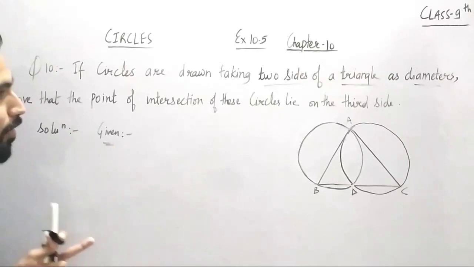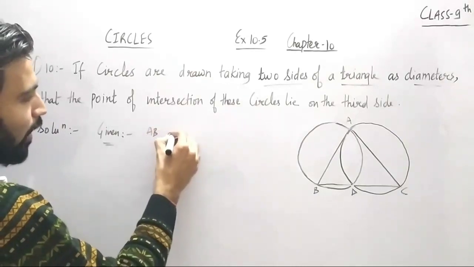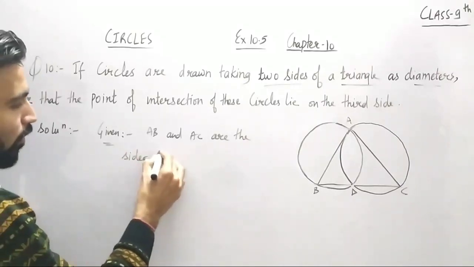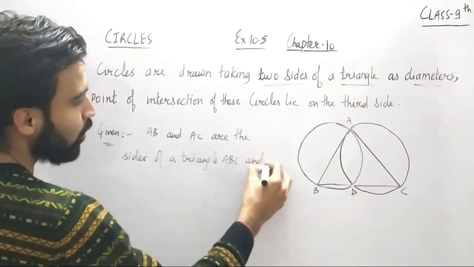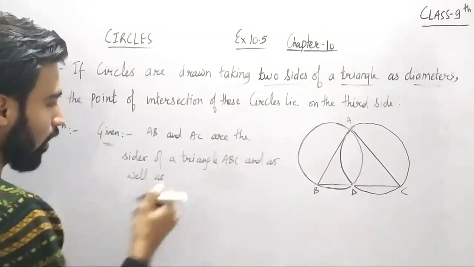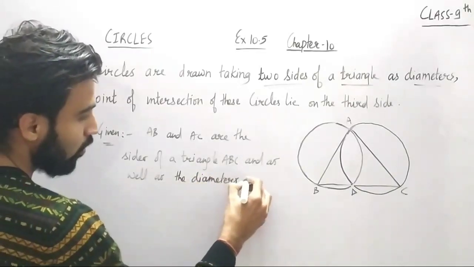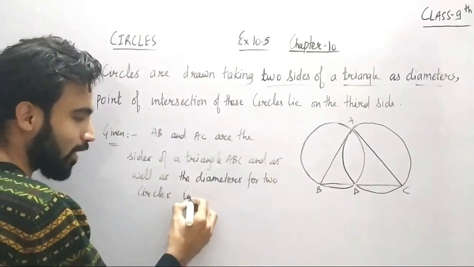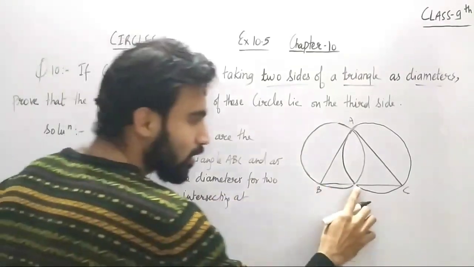So you can see what is given to us: AB and AC are the sides of a triangle ABC, as well as the diameters for two circles, intersecting at point D.